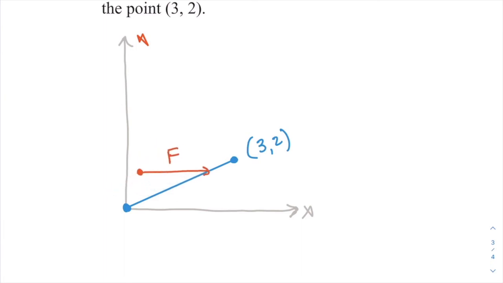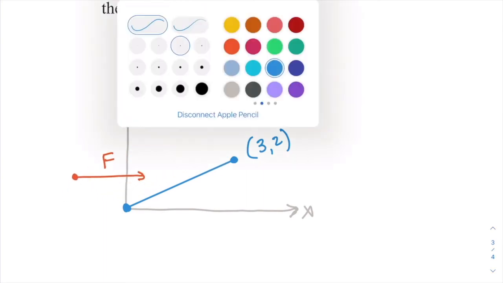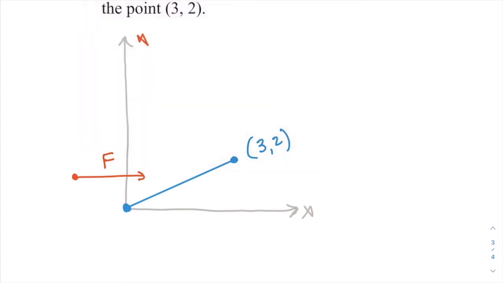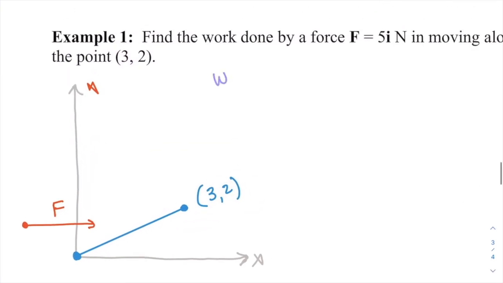And then this is the force pushing along that path. So if you were moving a particle from the origin to that point, and this is the force moving. Now, if you remember, work is only accumulated when the force and the direction of motion are in the same direction. That's important. So work, if you remember, is equal to the force times your direction times the cosine of the angle between them.